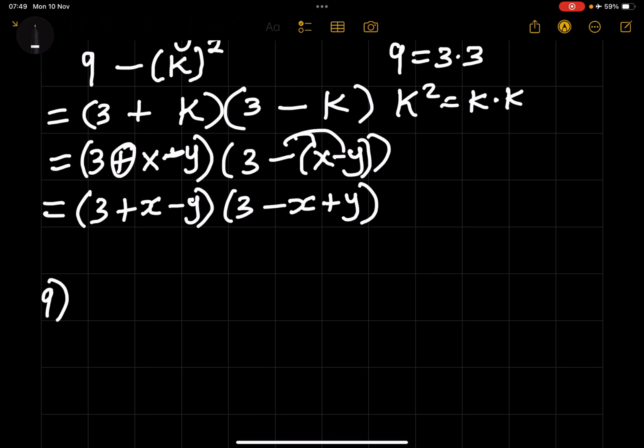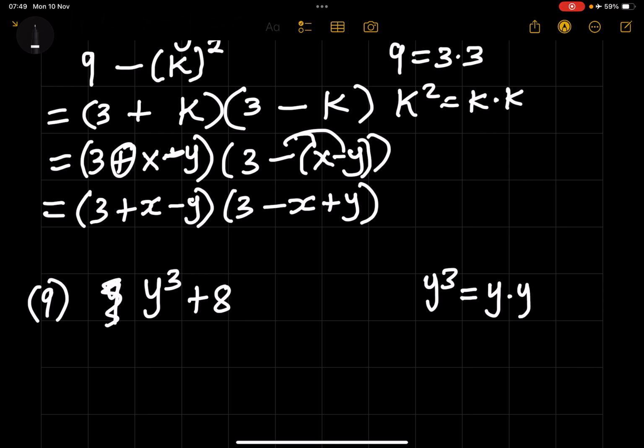Right. Then let's go to number 9. On 9, we have y cubed plus 8. And I need you to recognize that this is a sum of cubes. We're adding 2 cubes, because y cubed can be broken into y times y times y, and the 8 can be broken into 2 times 2 times 2.